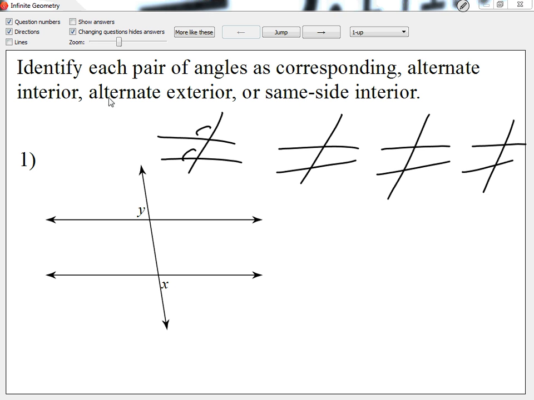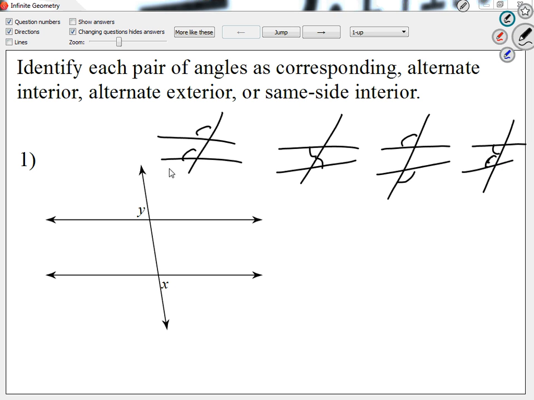For alternate interior, they will look something like that. Different sides of the transversal, both interior. Alternate exterior will look something like that. Different sides of the transversal, but both of them are exterior. And the last one, same side interior, looks something like that. Same side of the transversal, both interior.